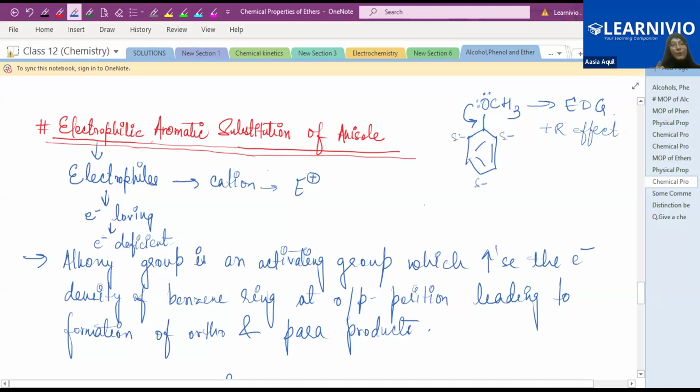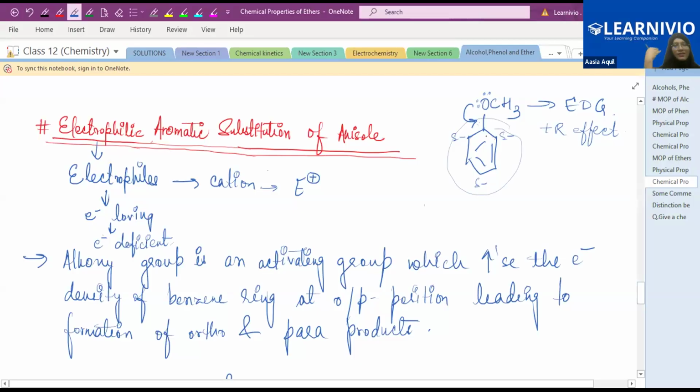When an electron donating group is attached to the benzene ring, what happens? It donates its electron, and due to that the electron density increases at the ortho and para positions. So when any electron donating group is attached to the benzene ring, the product will be ortho and para product.